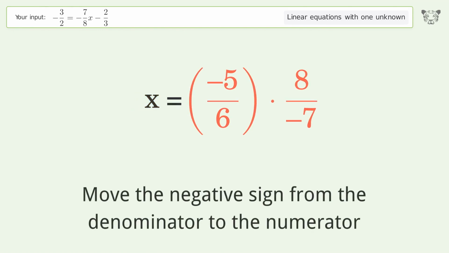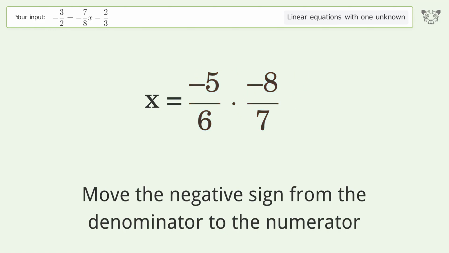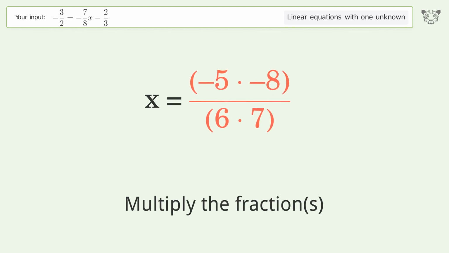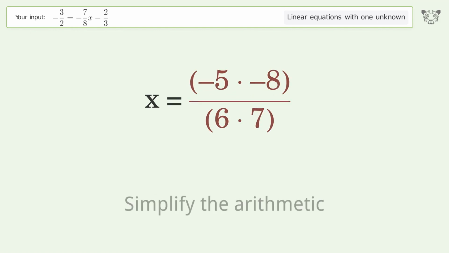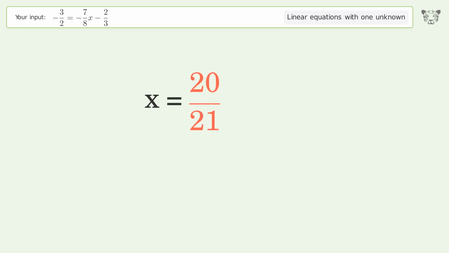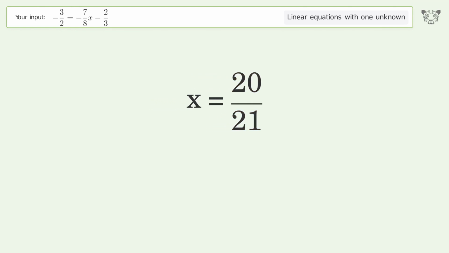Move the negative sign from the denominator to the numerator. Multiply the fractions. Simplify the arithmetic. And so the final result is x equals 20 over 21.